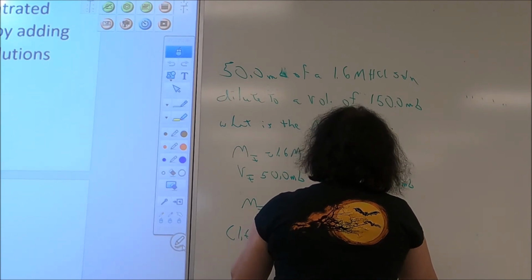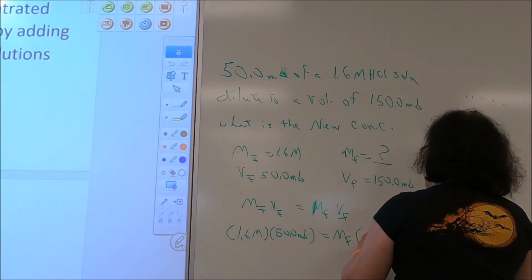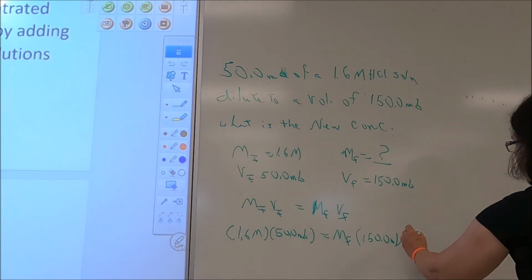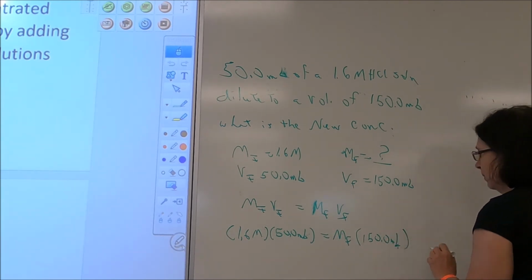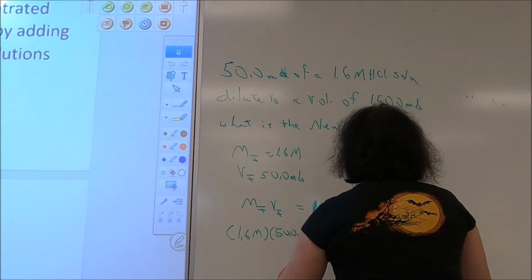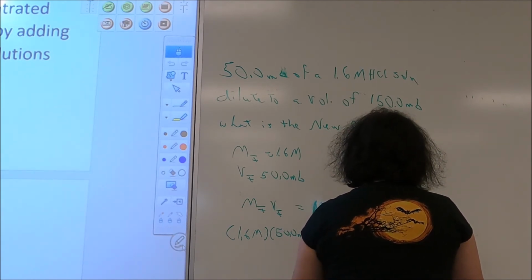Volume initial was 50 milliliters. That has to equal molarity final times 150 milliliters. So 1.6 times 50 divided by 150 says that our molarity final is 0.53.